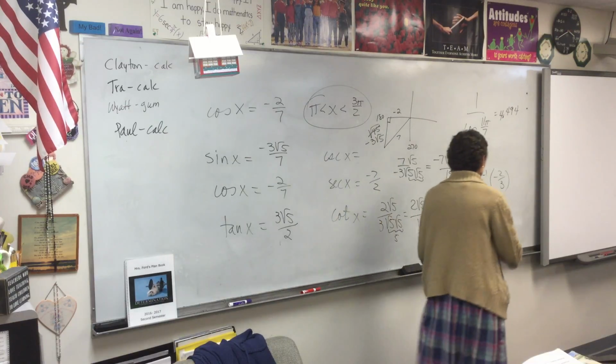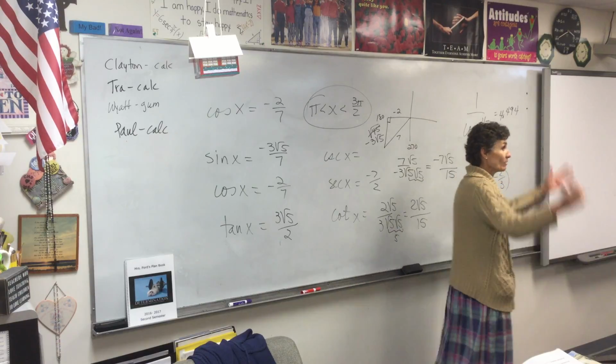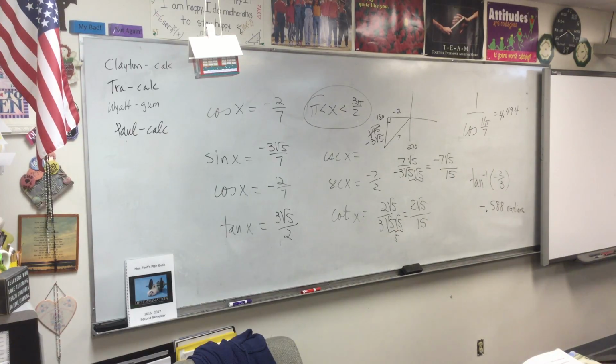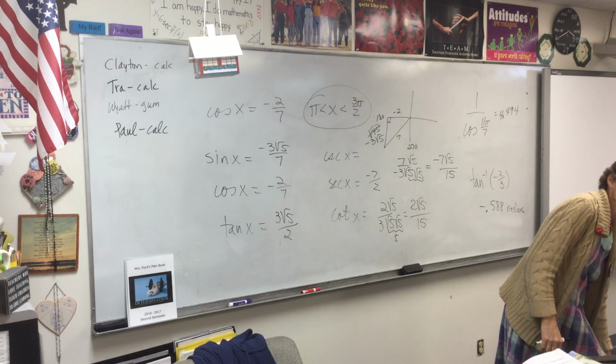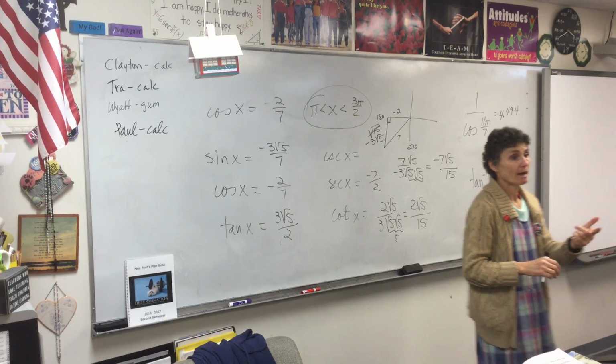Why did I get a radian answer? Because my calculator is set in radians. I thought it was supposed to be degrees. Not necessarily.